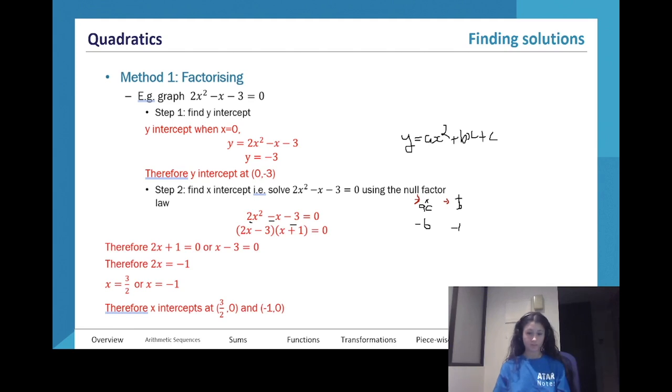So we need to go through some of the possibilities. What two numbers multiply together to get -6? You might think perhaps -3 and 2. They get -6, and then -3 plus 2 gets -1, which is exactly what we wanted.